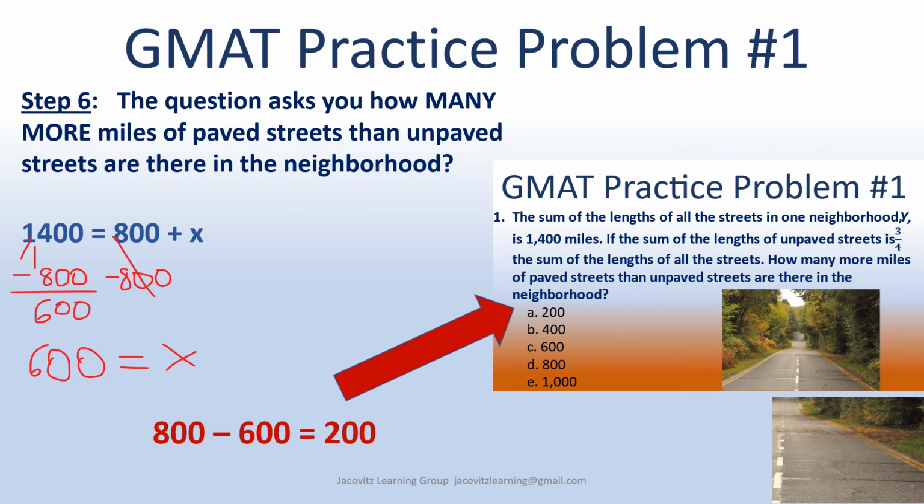To do that, all we had to do was say that 600 was our answer. 800 minus 600 is how many more? That answers your question. And if you read it, 200 is your answer.